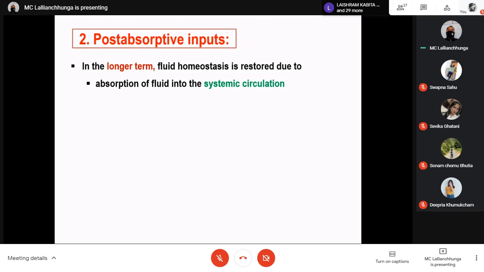Those pre-absorptive inputs are just for the temporary inhibition of the thirst. After drinking, water should be reabsorbed through the wall of the digestive tract and reach the systemic circulation. It will dilute the plasma, and plasma osmolarity should go down, so that permanent satiation of thirst will take place, before dehydration takes place again.